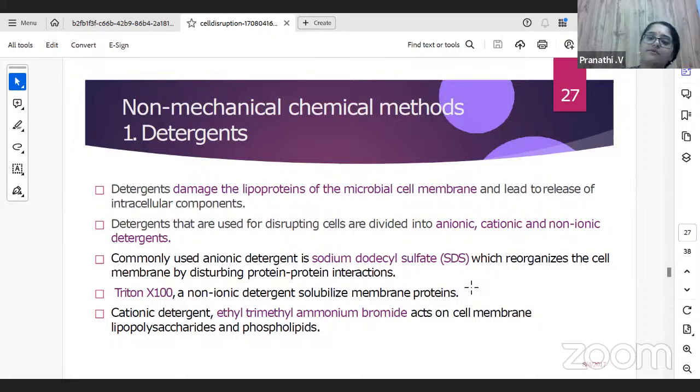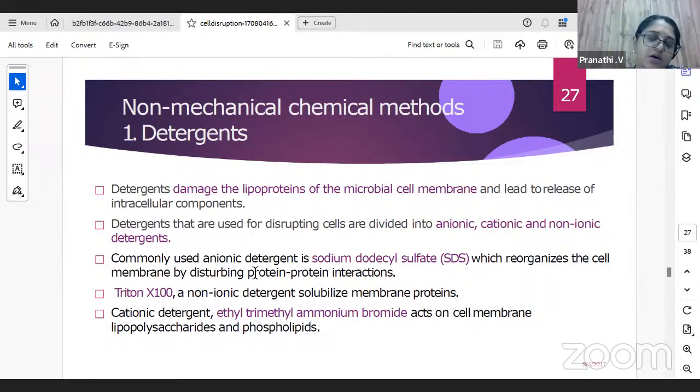Most commonly used, we have used it many times, are sodium dodecyl sulfate and Triton X-100. You also have ethyl trimethyl ammonium bromide, which is a cationic detergent. Based on the ionic nature, that is anion or cation, these detergents work on the different ends of the protein.